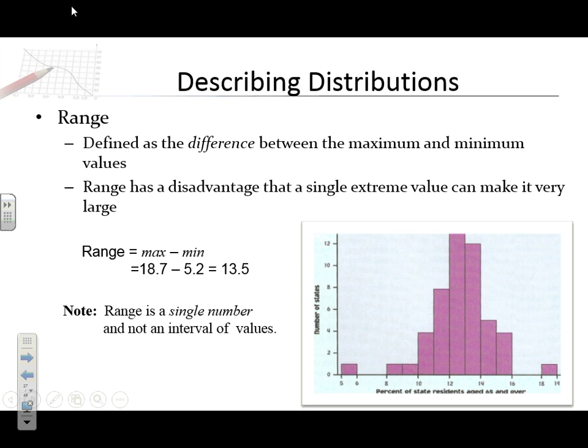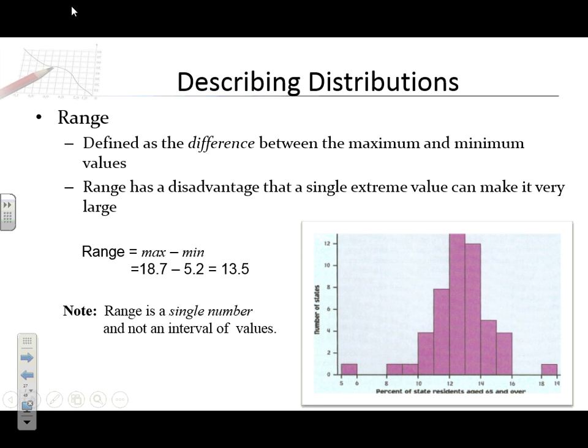So we don't know what percent of residents are age 65 and over in Florida, but we do know at most it's going to be 19, right? And then for Alaska, we don't know what it is between 5 and 6, but we know it's at least 5. So we would take 19 minus 5. That would give us our range, or at least as close as we could get without knowing the actual values.